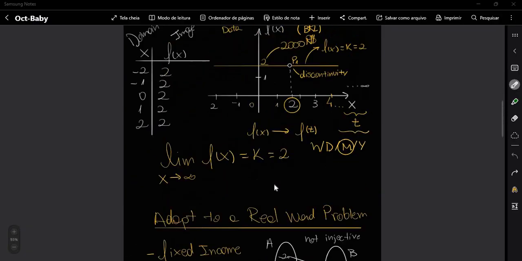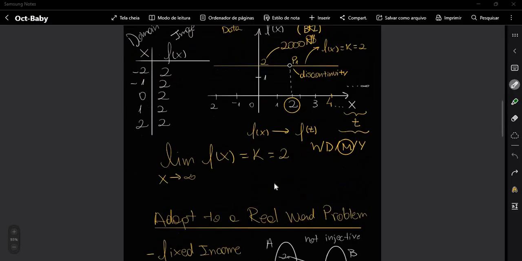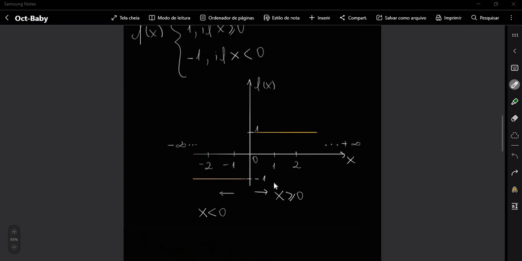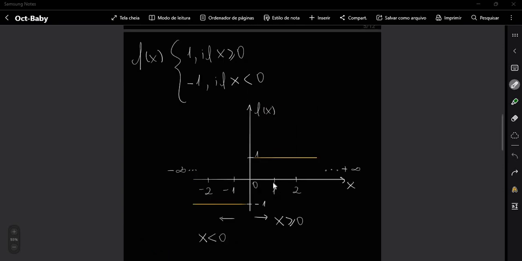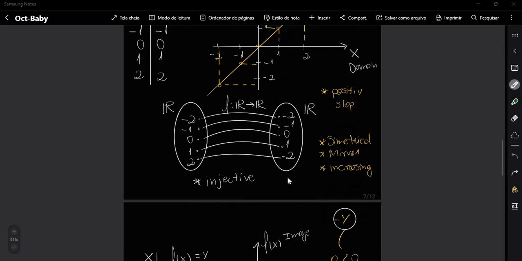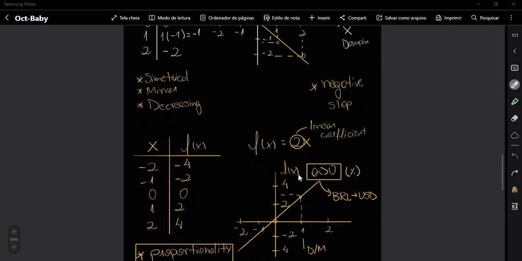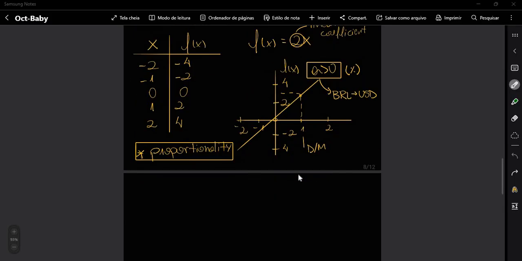We saw continuous functions, linear functions, also conditional functions, and also we are trying to adapt such problems to real world problems, and I'm giving emphasis to financial problems because this is a nice way to use signal processing.